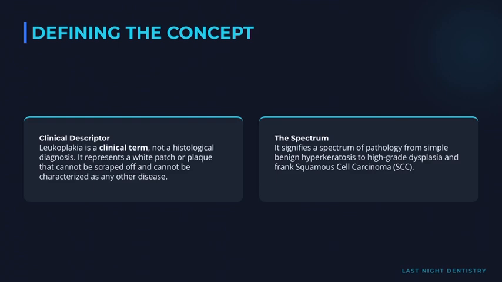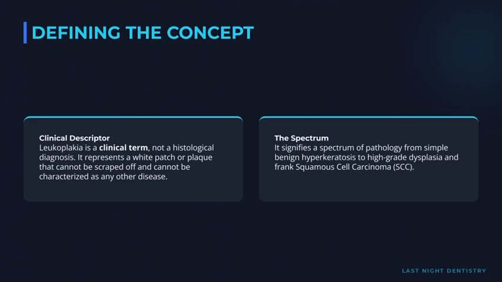It simply means a white lesion that cannot be characterized clinically as any other disease. So when you hear the word leukoplakia, don't think of one disease. Think of a spectrum. It can be completely harmless or it can already be turning into cancer. And that's why histopathology becomes extremely important.